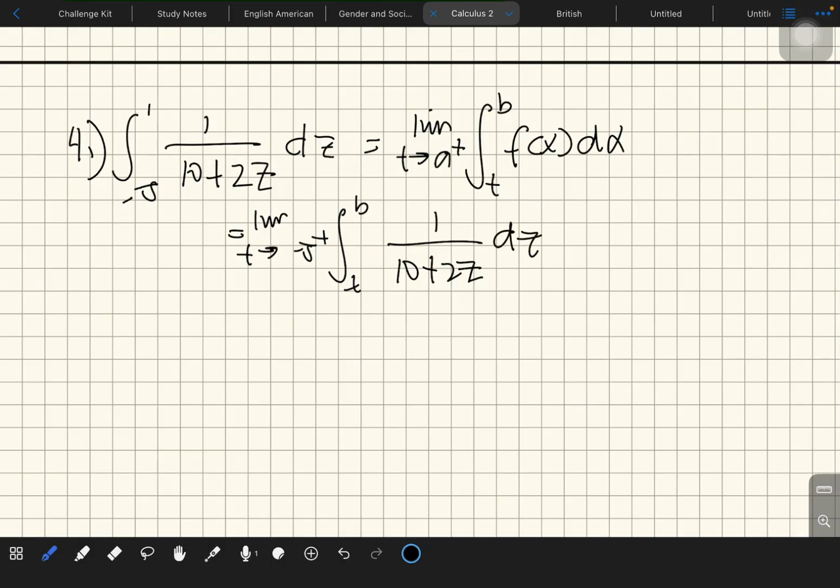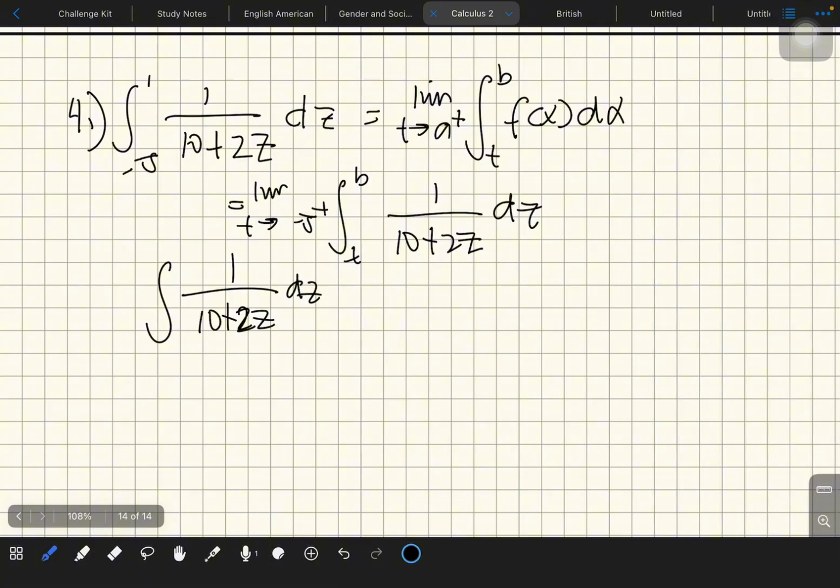So now let's integrate 1 over 10 plus 2z dz. We let u equal 10 plus 2z.